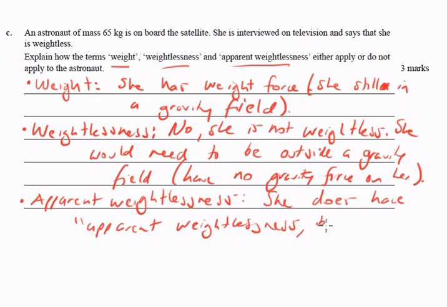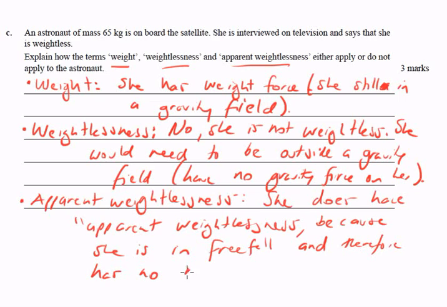Because she's in free fall. In orbit, you're in free fall. Because she is in free fall, and in that case, therefore, she has no normal force.